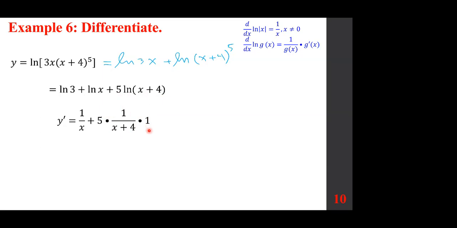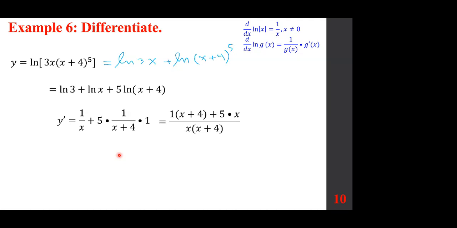We just do our algebraic techniques to find the LCD and finish the job. Now, I hope you realize this is 1 over x and this is 5 over x plus 4. So 1 times x plus 4 plus 5 times x, and the common denominator is the product of x and x plus 4. This is algebra, and you can't afford to be uncomfortable with it, okay, class?